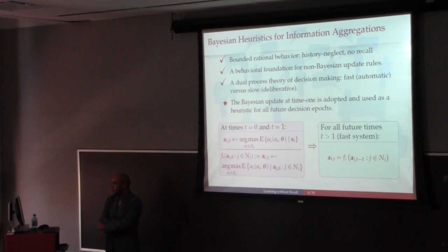So the Bayesian heuristic framework that we propose is for information aggregation, and it is information aggregation because in this group decision scenario, the externalities that agents have on each other are basically informational. The incentive to communicate comes from the fact that somebody knows something that you don't know, and therefore you have an incentive to interact with them.